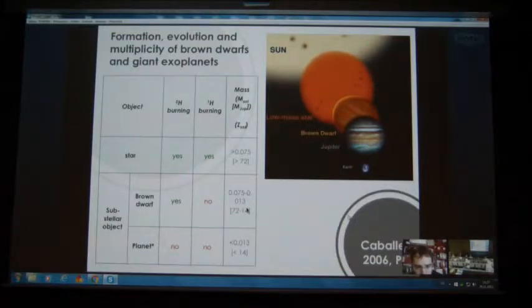A brown dwarf burns deuterium but does not burn hydrogen, and a planet does not burn anything. The boundary between stars and brown dwarfs is at around 72 Jupiter masses, and between a brown dwarf and a planet at around 13 or 14 Jupiter masses.